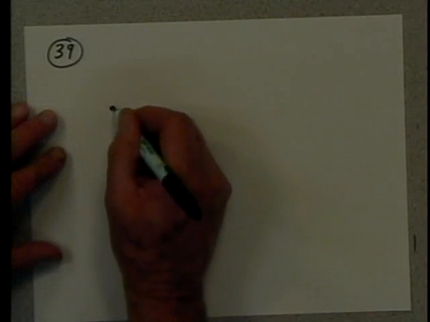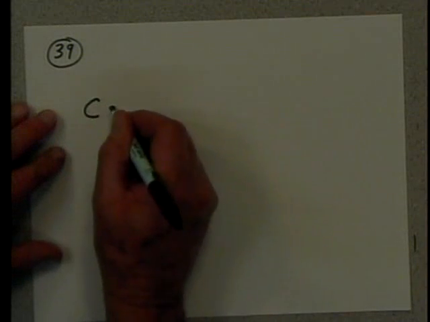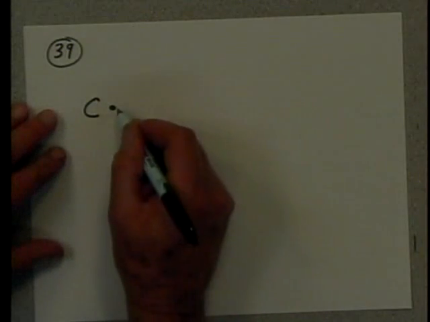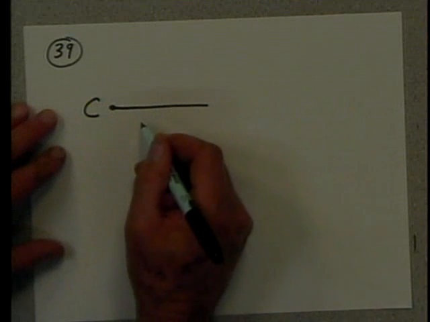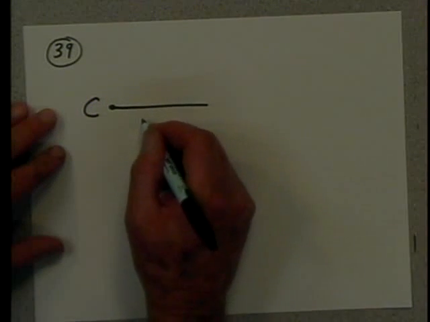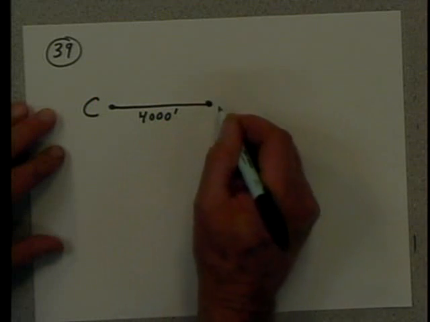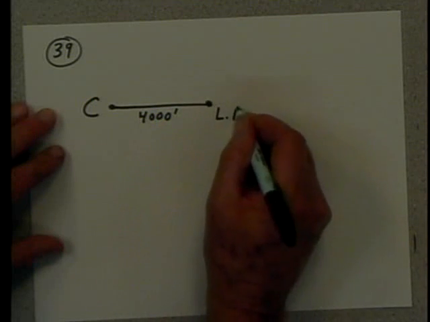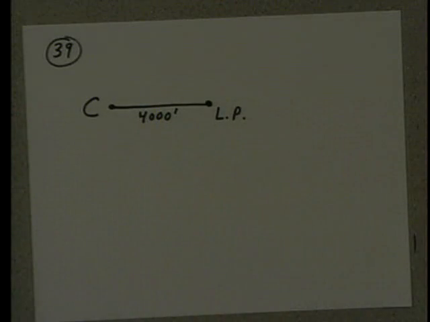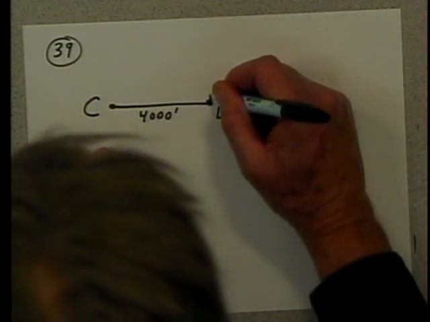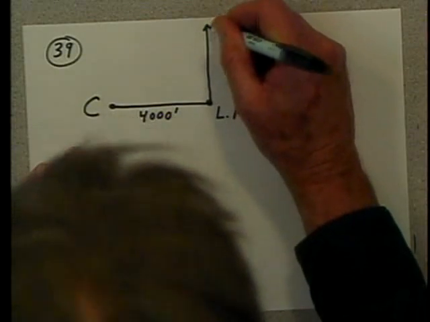Okay, first of all, the picture. Right here, I'm going to call this point C, that's where the camera is. And it's 4,000 feet from the base of the launching pad, LP. Okay, we assume that the rocket is going up, right?